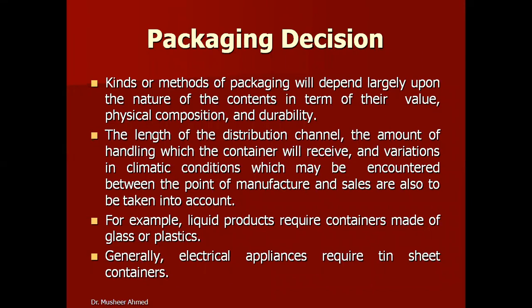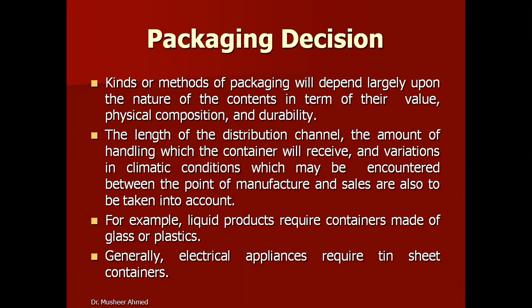liquid products require containers which are made of glass and plastic, right? So that the main product which is in the bottles of glass and plastic may be put into a condition that it may not have any effect from changes in the climatic condition. Otherwise, if they are not packed in a proper package, then these climatic conditions may have an adverse impact on the actual quality of the product, right?